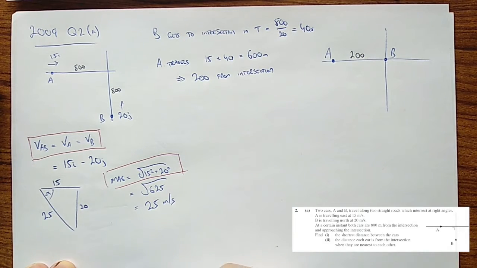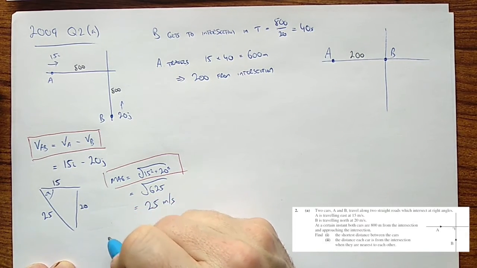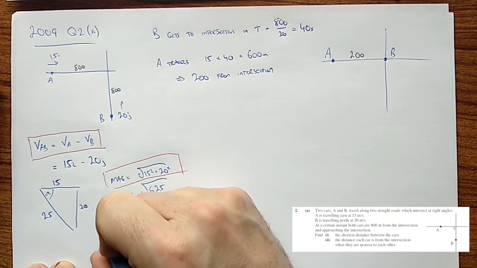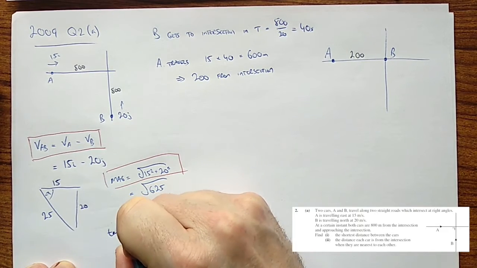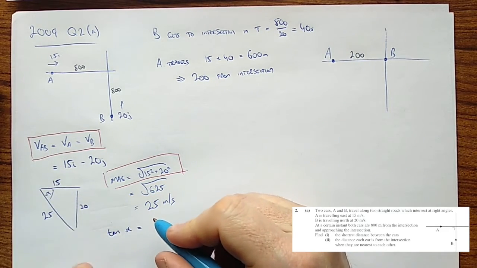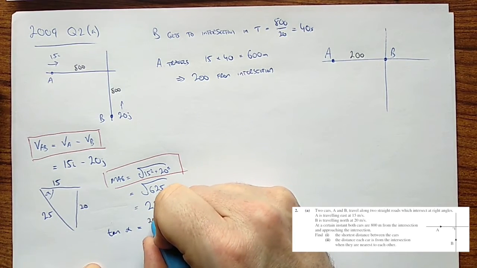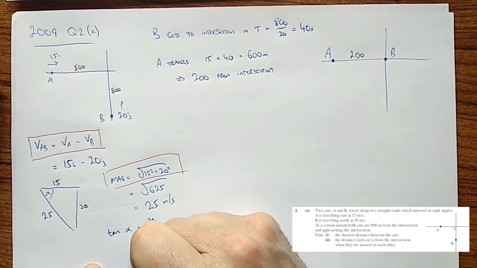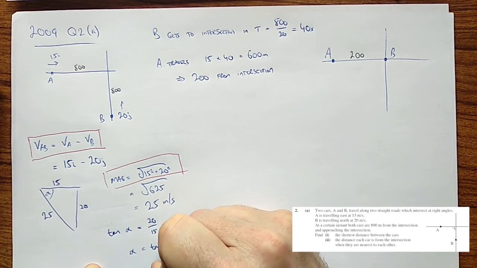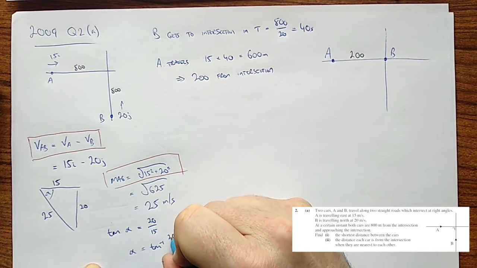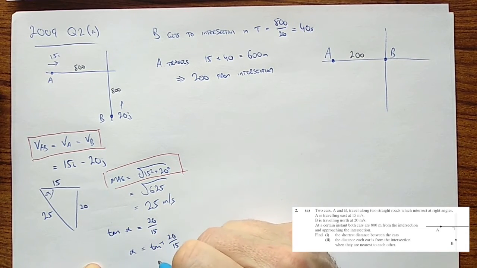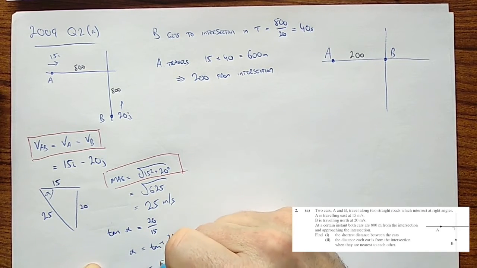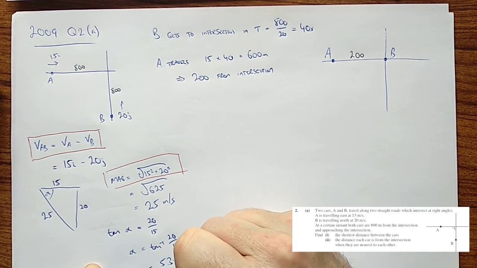Well, what about our angle? The tan of alpha equals the opposite over the adjacent. So 20 over 15, which means that alpha equals tan inverse of 20 over 15, which is 53.13 degrees.